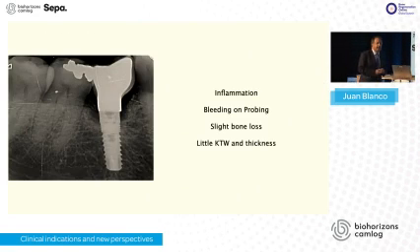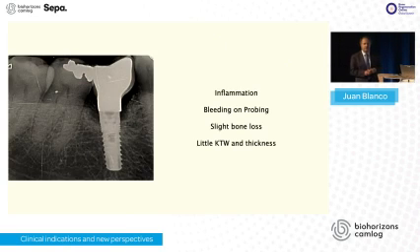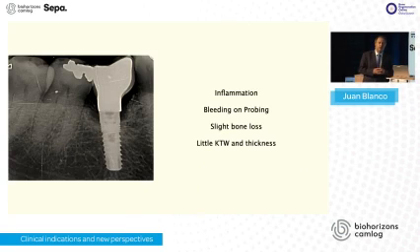Also another application, and I'm going to share with you this case, is maybe in some situations where we don't have keratinized mucosa around the implants, but the implants are already installed. And the patient comes to the office with inflammation, pain, bleeding on probing, a slight bone loss, so let's say, and define this as a peri-implantitis, and little keratinized width and thickness.